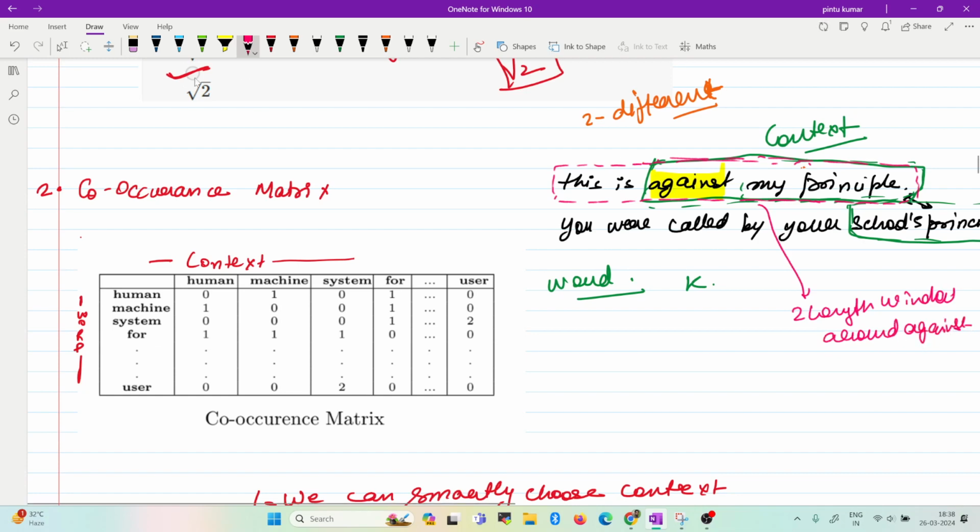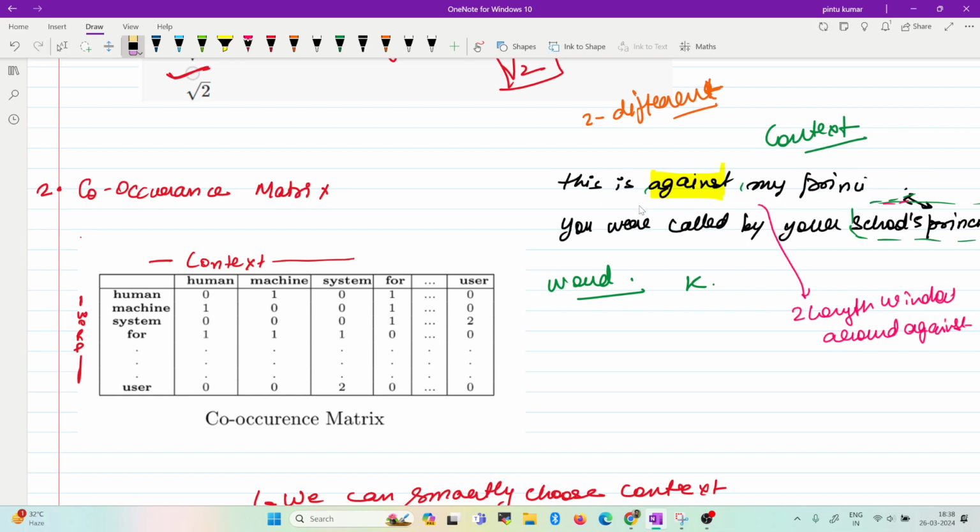There is another way you can define a two-length window. That is, in a two-length window, you will only have two words. So this would be a two-length window, and again, this would be a two-length window. So in the two-length window, this time you will have "is" and "my" for "against".